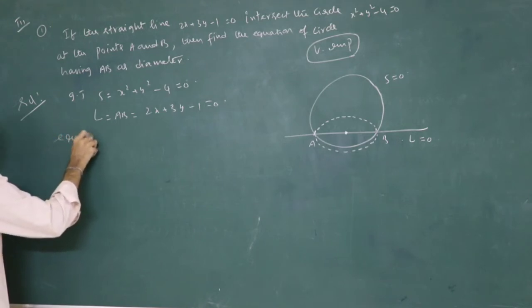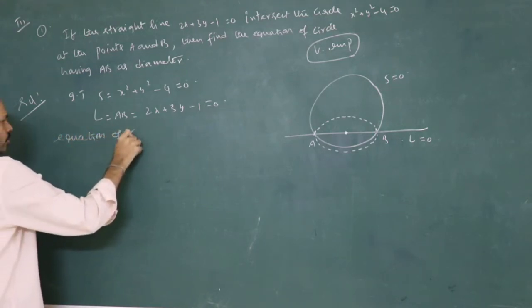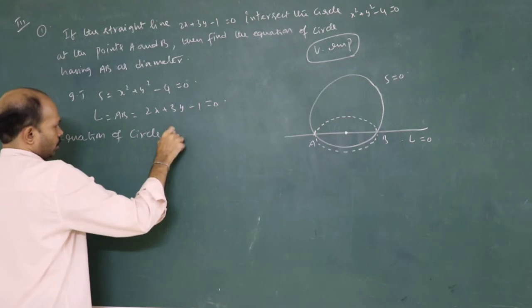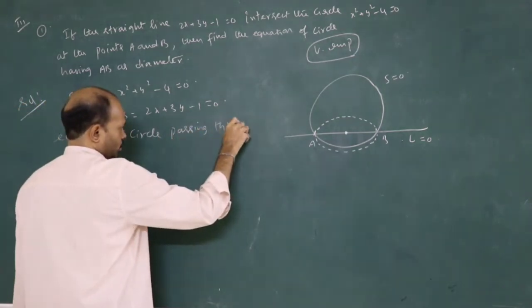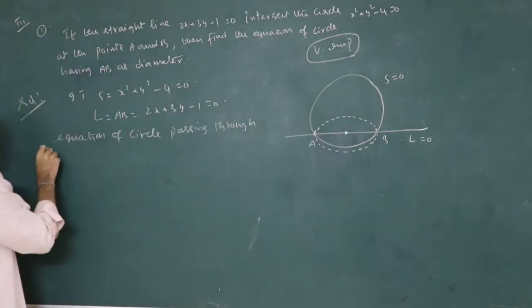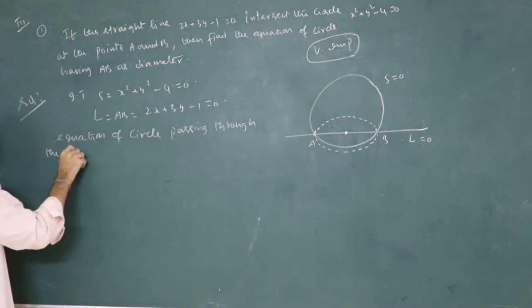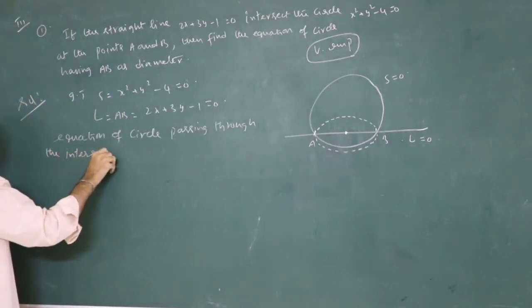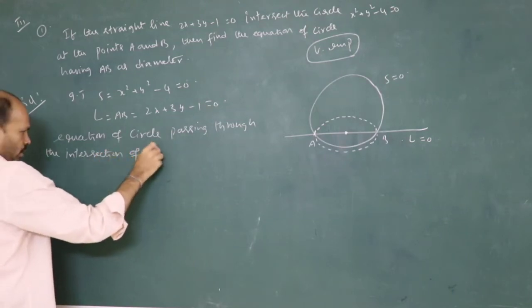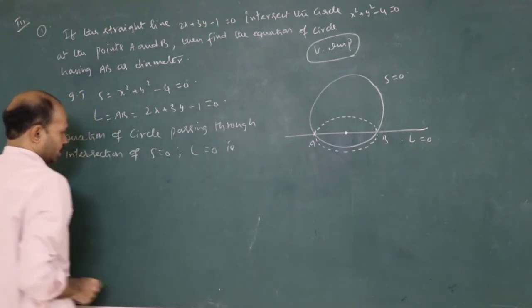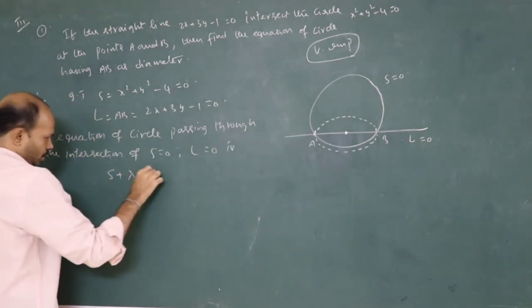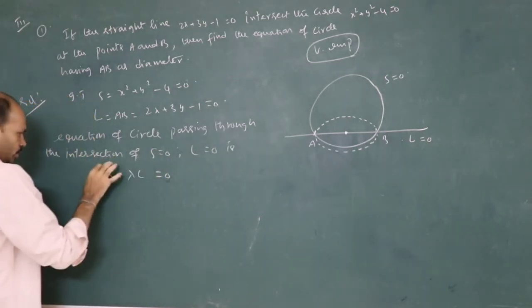The equation of circle passing through the intersection of S is equal to 0 and L is equal to 0 is S plus lambda L is equal to 0.